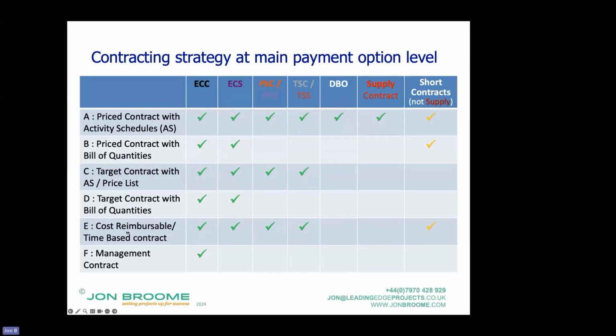If we go down to here, we've got the cost-based contracts. A cost reimbursable contract is where the contractor is reimbursed defined cost plus a percentage fee. Okay. Defined costs can be broken down into two aspects.